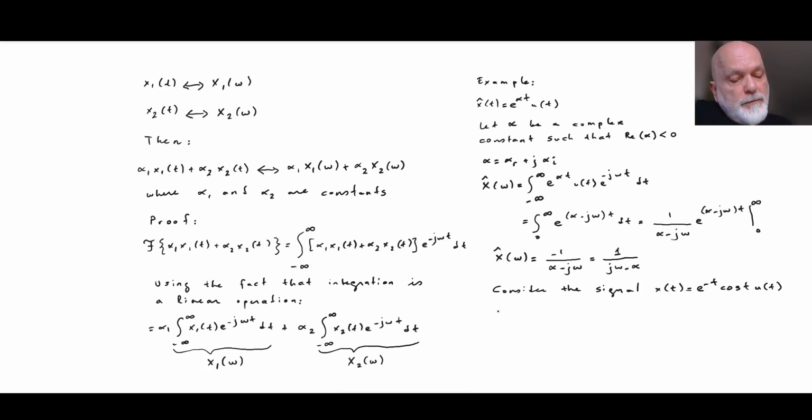But also, we see that x of t can be written in the following form. It is e to minus t, then we have the cosine, which is e to jt plus e to minus jt divided by 2, u of t.